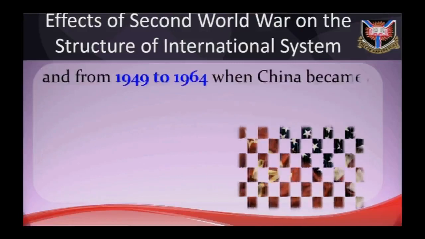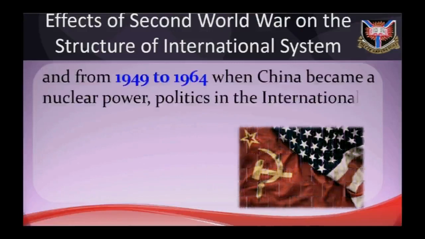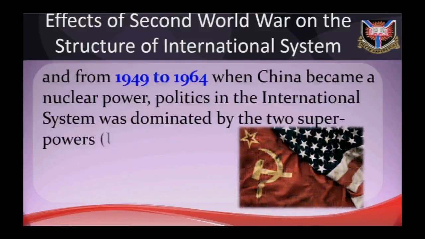And from 1949 to 1964, when China became a nuclear power, politics in the international system was dominated by the two superpowers, USA and USSR. In the next study session, we shall tell you more of this Cold War.